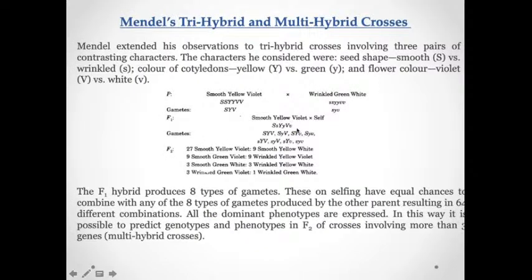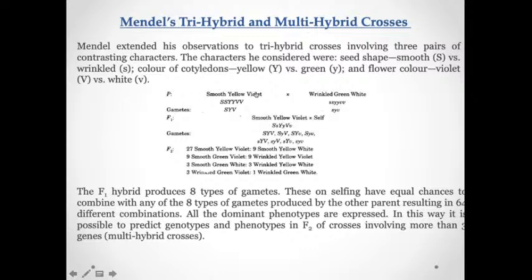In the trihybrid, three types of characteristics will be taken care of. The characters to be considered are seed shape, smooth or wrinkled, color of cotyledons, and flower color. So three things are there, and they made three different crosses.